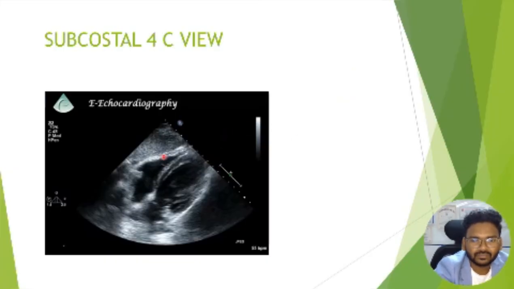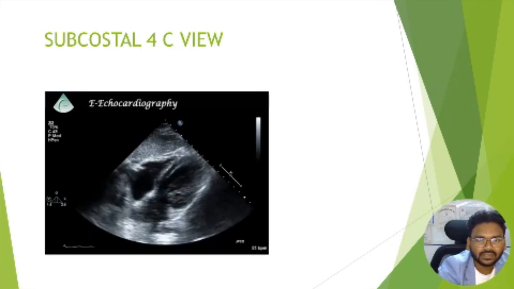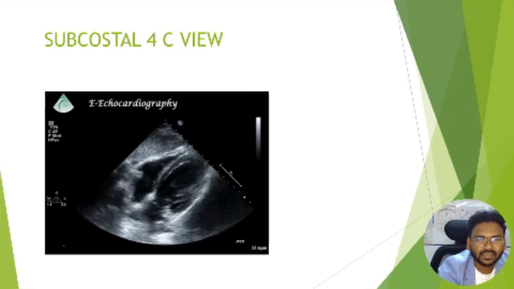Now let us jump into the subcostal 4-chamber view. In the subcostal 4-chamber view, we have to keep the probe 2 to 3 centimeters below the sternum, and the index mark should be towards the 3 o'clock position. In this view, you can see the left atrium, right atrium, then left ventricle and the right ventricle.